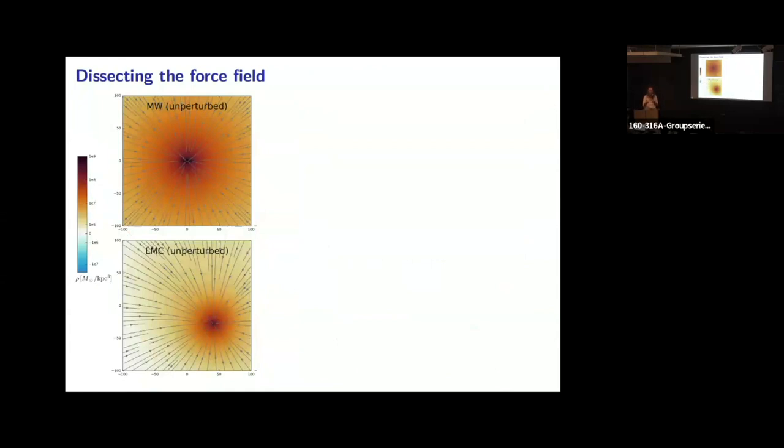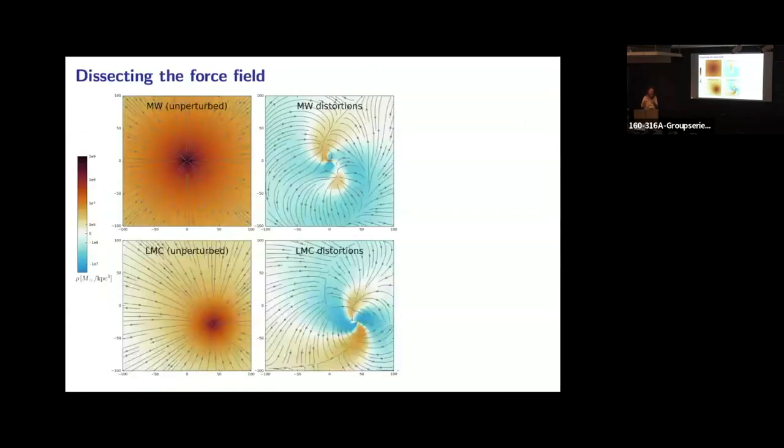The non-perturbed galaxies would have force fields directed more or less towards the center of each galaxy. And the perturbations that we have seen before would correspond to some sort of dipole-like perturbations for the Milky Way halo. So again, there will be an overdensity of stars in the south and a general dipole perturbation in the north-south direction. But that would correspond to sizable additional accelerations.